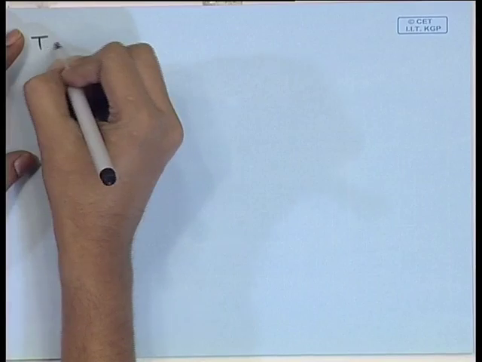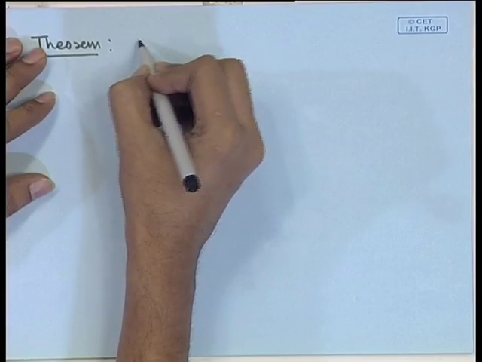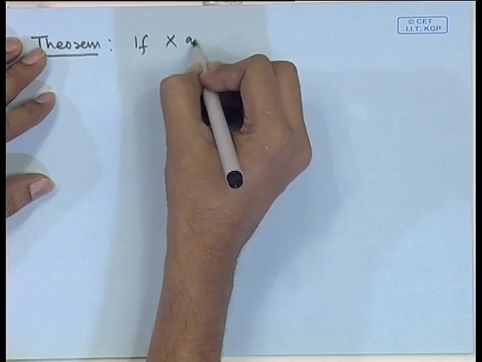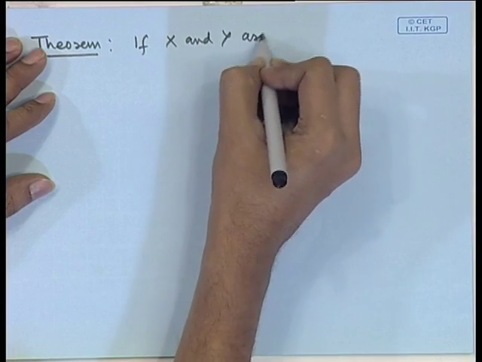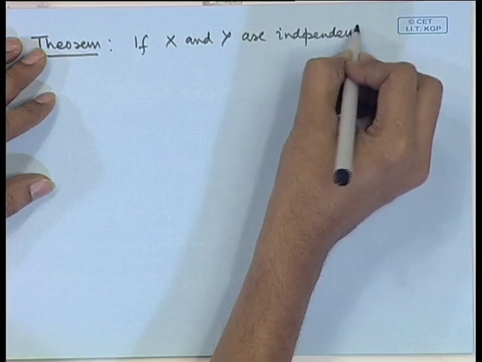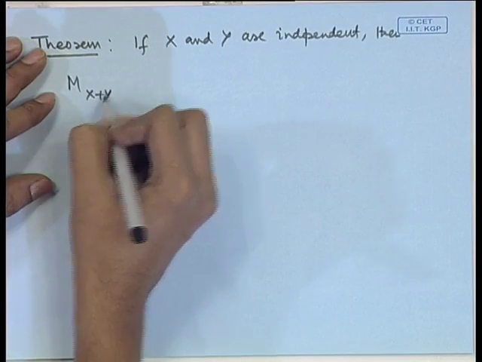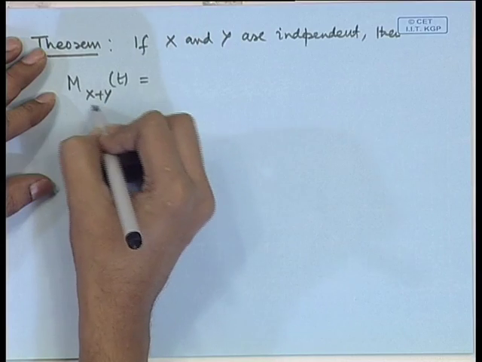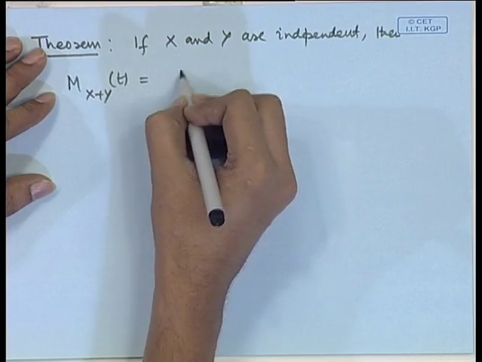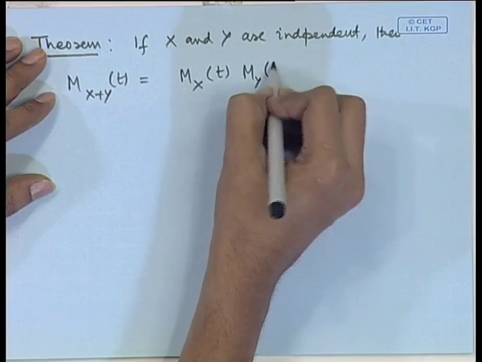We end this one with another result. If x and y are independent, then m x plus y, that is the moment generating function of random variable x plus y, is equal to the product of m x and m y.